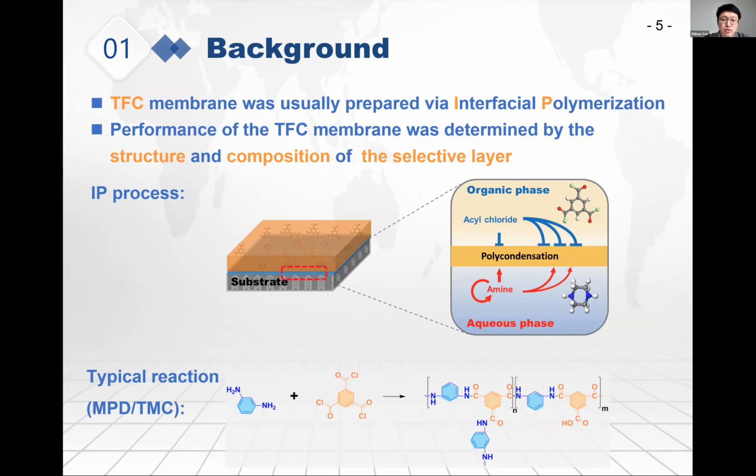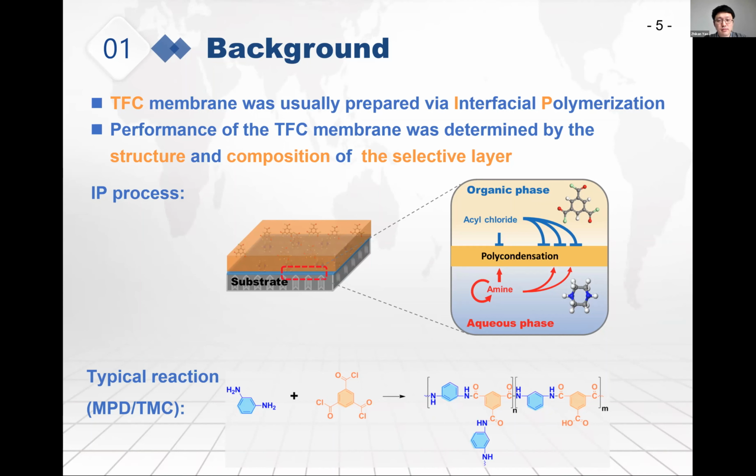And TFC membrane is usually prepared via interfacial polymerization. The picture in the middle shows the IP process, and the picture at the bottom is a typical reaction equation of MPD and TMC.